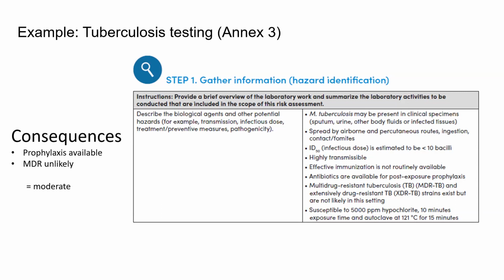So they're going to be testing TB in clinical specimens, so there's no culture involved. So it's infected tissues and other body fluids. We know TB is airborne and spread by other routes, but that's the important piece. It's got a very low infectious dose, less than 10 bacilli. It's highly transmissible.